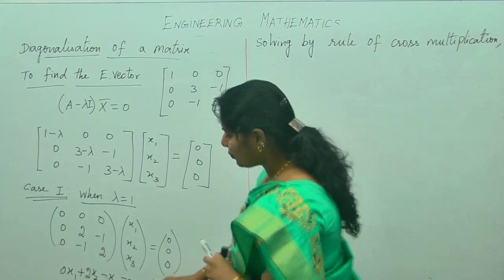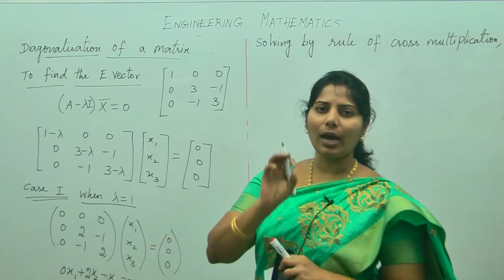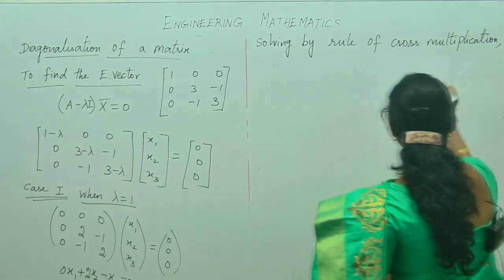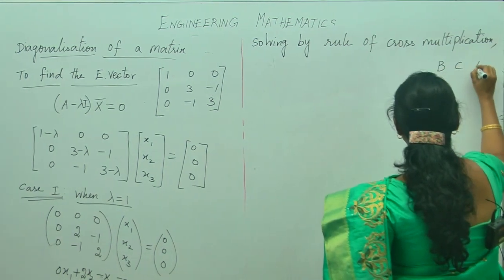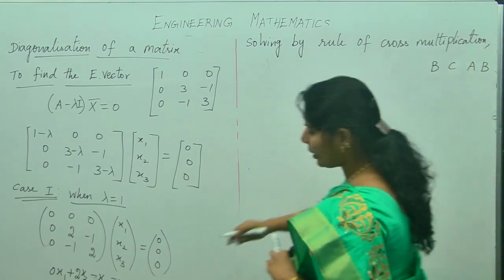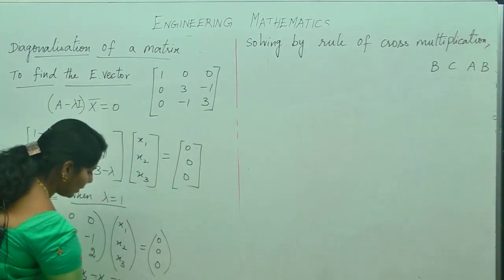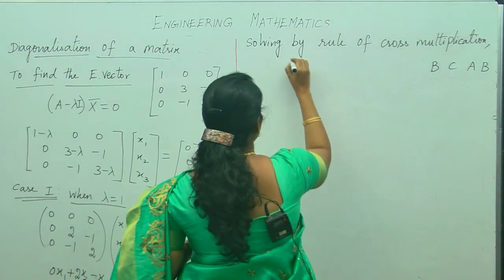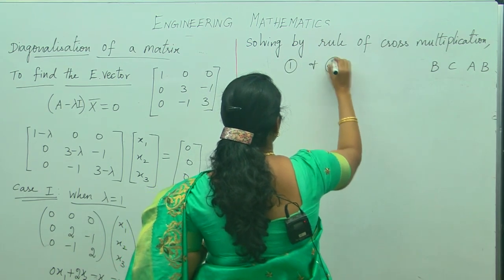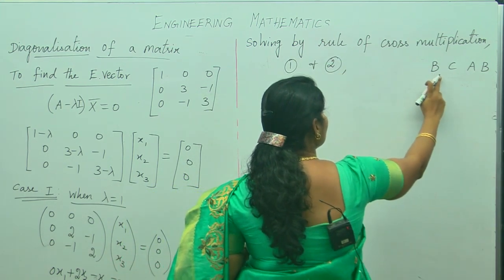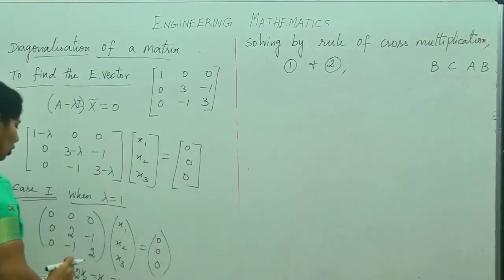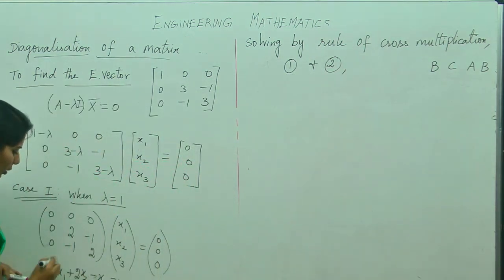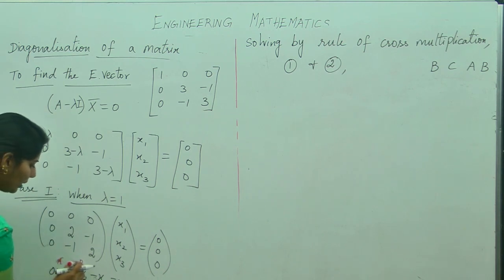Now, to use the rule of cross multiplication, I will teach you an easy method. We need to take it as B, C, A, B. Solving equations 1 and 2 by the rule of cross multiplication, I am going to use the method BCAB.